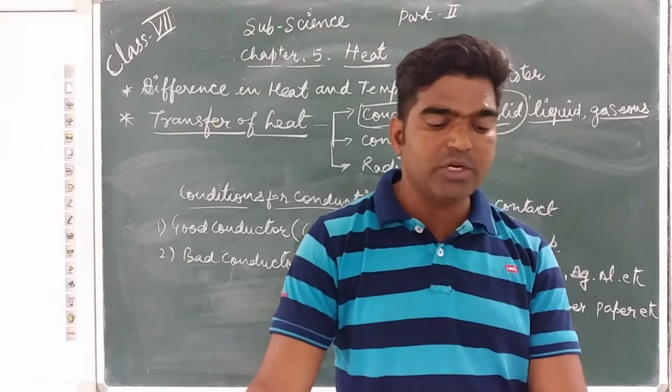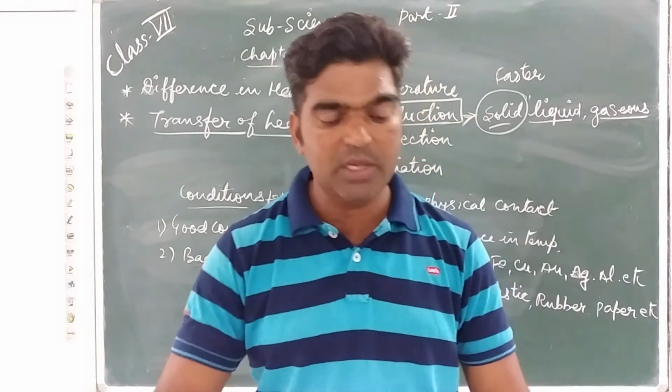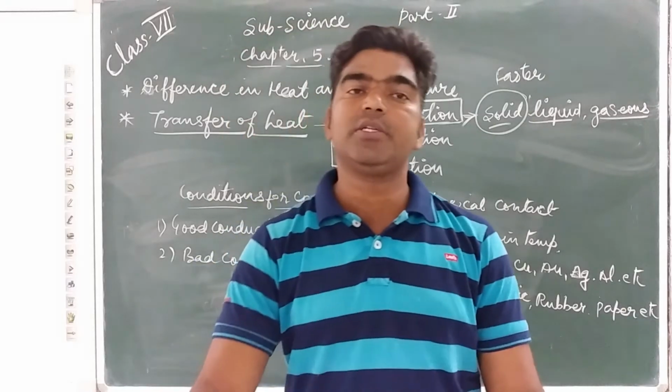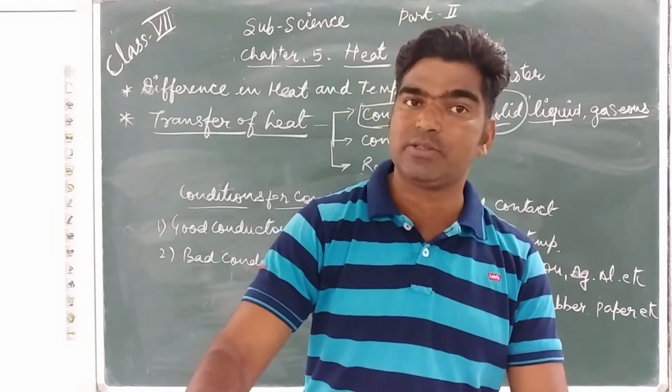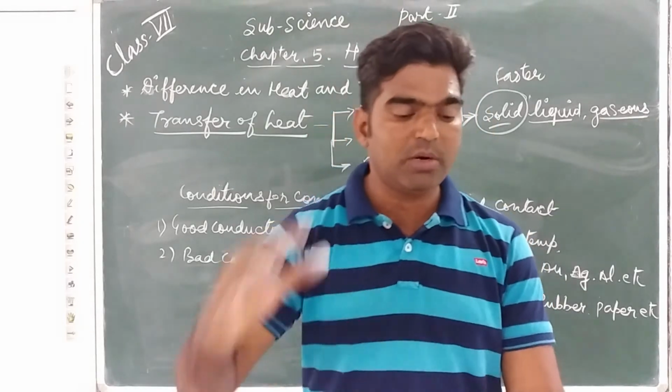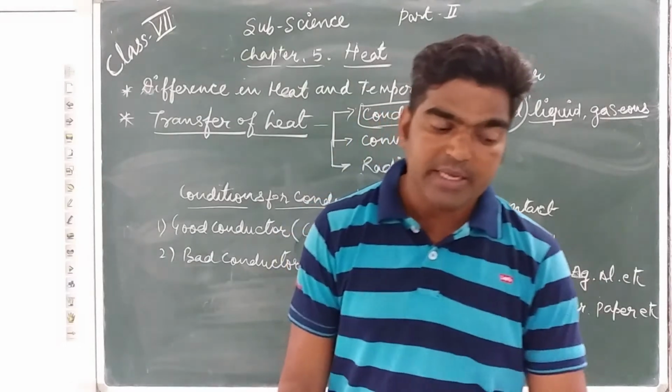Aluminium being a good conductor, it is used in solar panels and solar heater. And solar heaters जो सनलाइट से रन करते हैं, सोलर एनर्जी का यूज करते हैं. सोलर पैनल या सोलर हीटर में भी अपन एल्यूमिनियम यूज करते हैं.